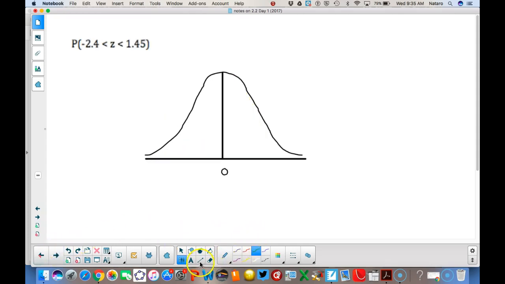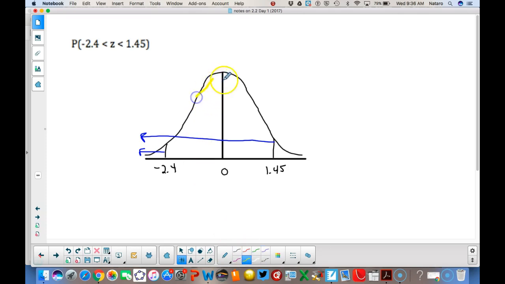So for this one, we want to find the area to the left of a z-score of 1.45, and then find the area to the left of a z-score of negative 2.4, and then we'll subtract the results.